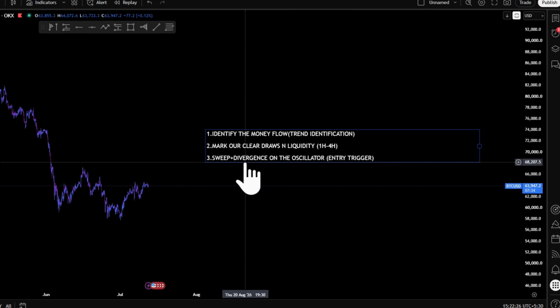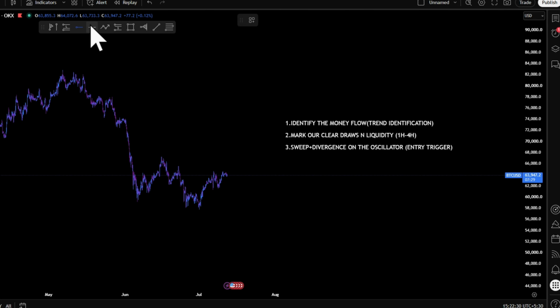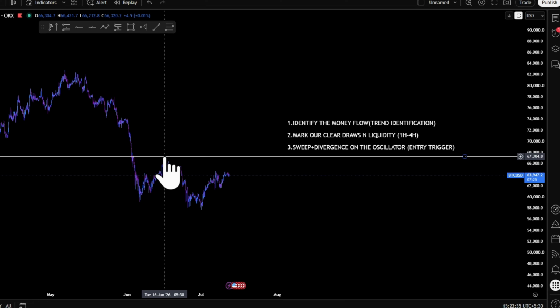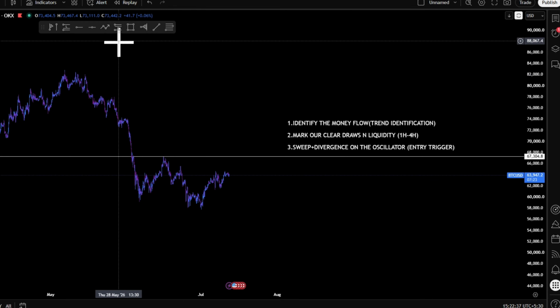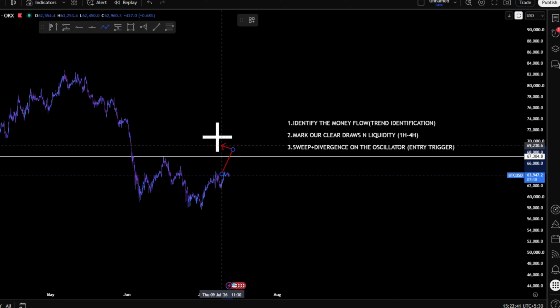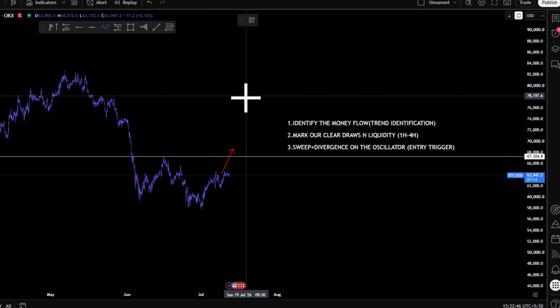The third step is sweep plus divergence on the oscillator. Now let me tell you what a sweep is. This is a clear draw on liquidity which we have marked out. A sweep is when the price goes above it and fails to close there. It fails to go a lot higher, right?